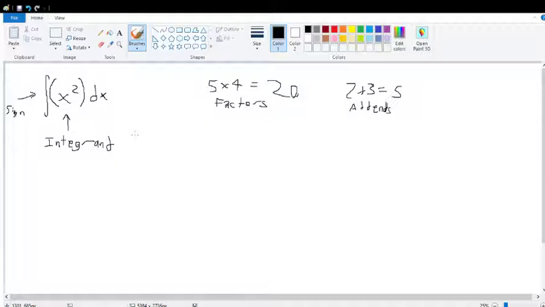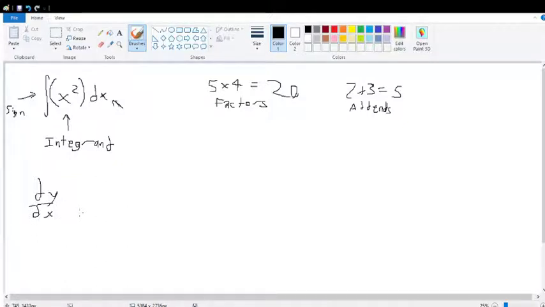Also, integrals will always have a dx. It's like how with derivatives, you're supposed to find dy dx, not just dy. You're supposed to find the derivative of y with respect to x. If you don't have anything to find the derivative with respect to, then you can't find it because you don't know what you're trying to find exactly.